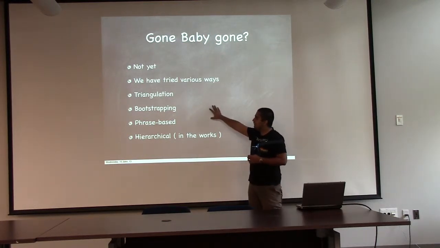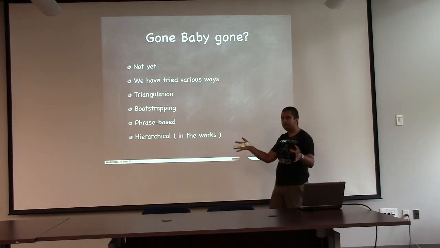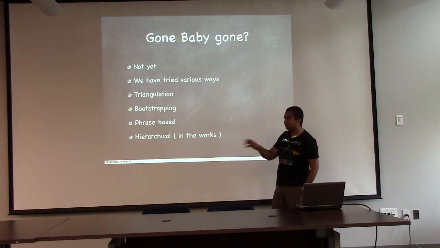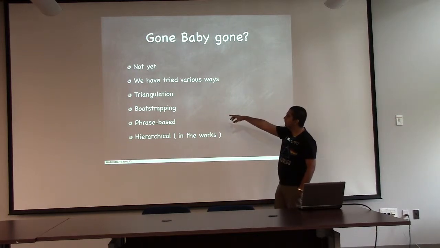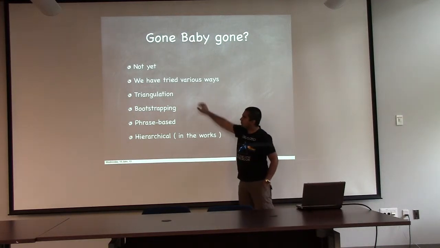What triangulation does is go from Haiti to a set of intermediate languages, which in our case is French, and then finally to English, and I'll combine all these small tables and make a big table. So now I have one direct system from Haiti to English and one of these combined systems, which we get by triangulation.